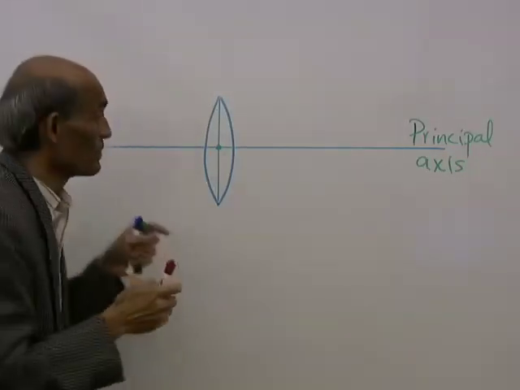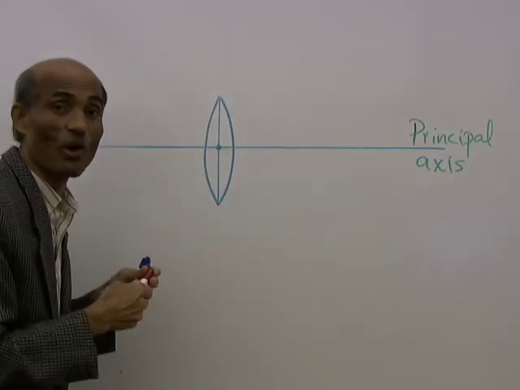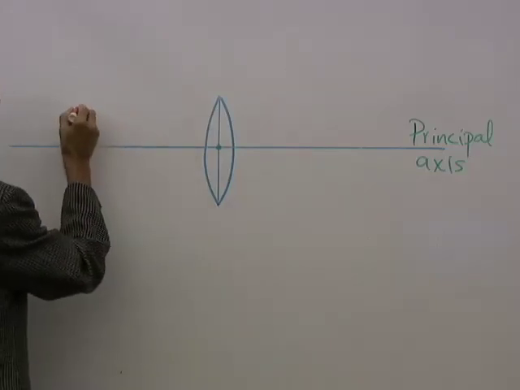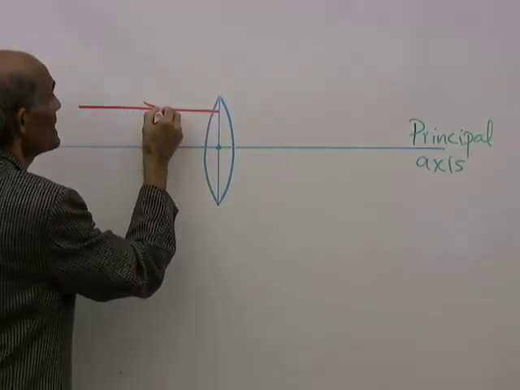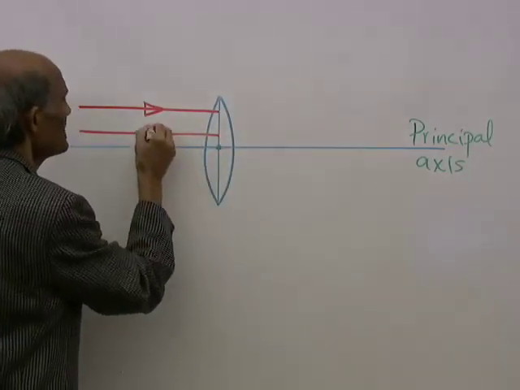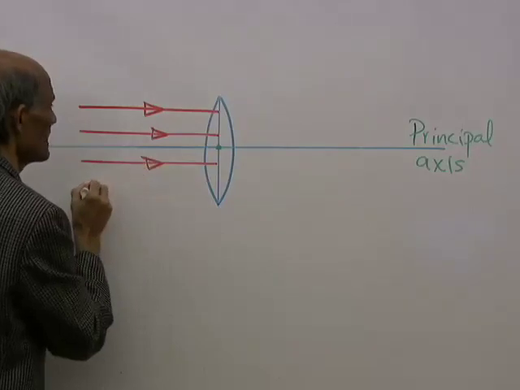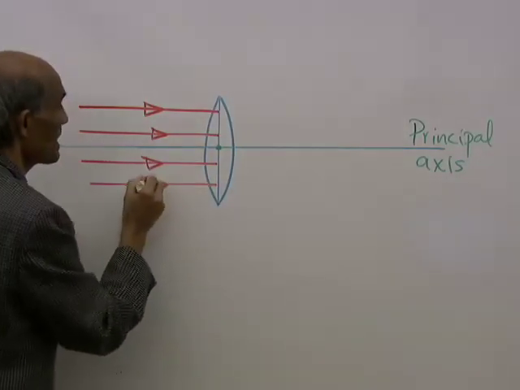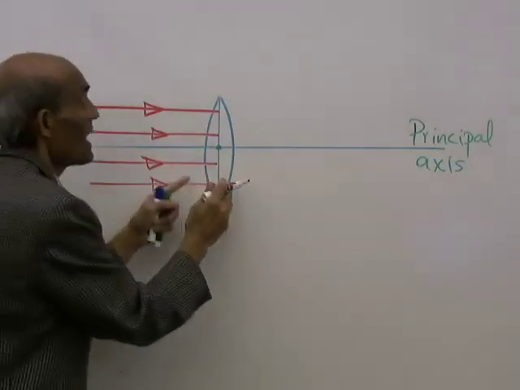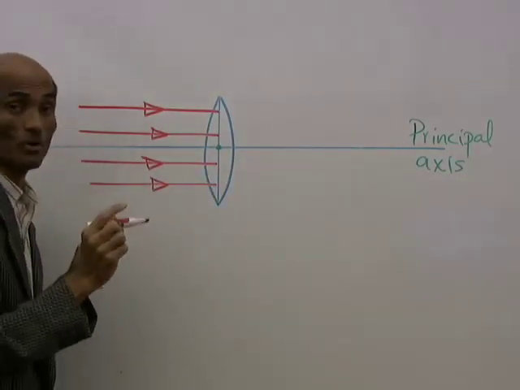What happens when a number of light rays falls on a lens? I'm going to draw some light rays. Now here is a light ray that is parallel to the principal axis. Another light ray. I have a number of light rays that are parallel to the principal axis. Now after passing through the lens, where will they go?